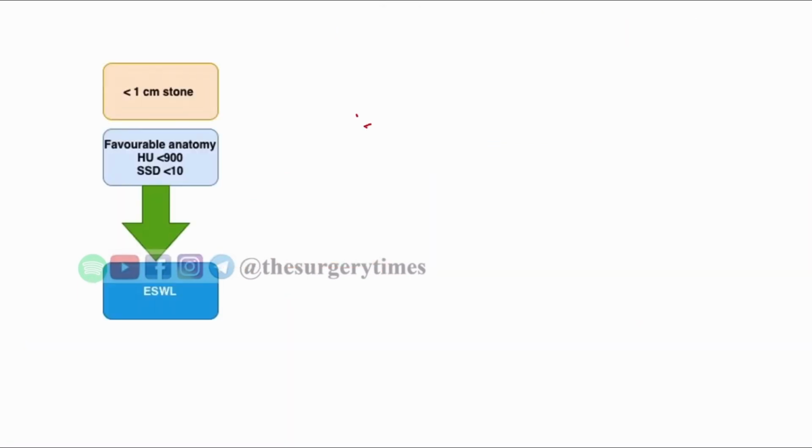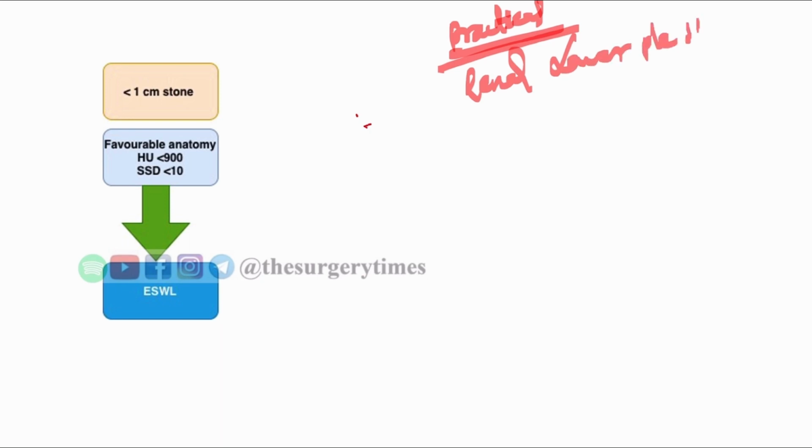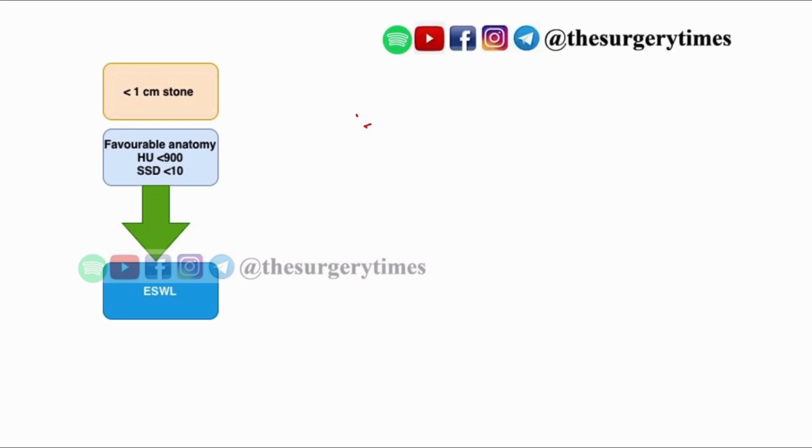Now next, we will discuss a few points from a practical point of view, basically lower pole stones. So let's start. First is a stone less than 1 centimeter, favorable anatomy, Hounsfield unit less than 900 and skin to stone distance less than 10 centimeter.